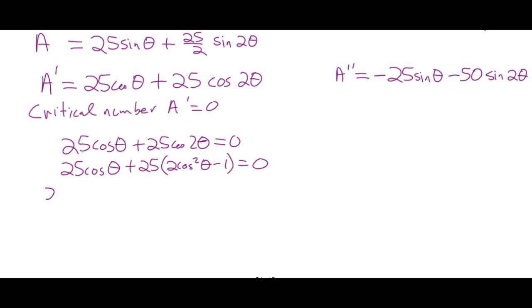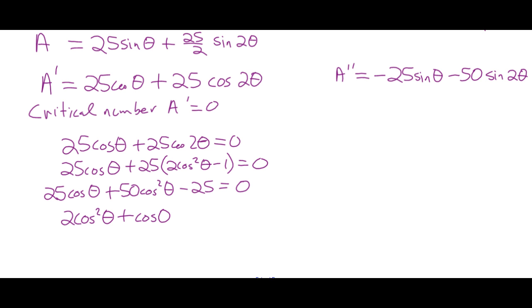And lots of 25s, and 25 cos theta plus 50 cos squared theta minus 25. Okay, so let's rearrange and divide by 25 all at the same time. So rearranging, we'll put this front, 2 cos squared theta plus cos theta minus 1 is equal to 0. Okay, so arranged in descending powers of cosine and dividing by 25 at the same time.